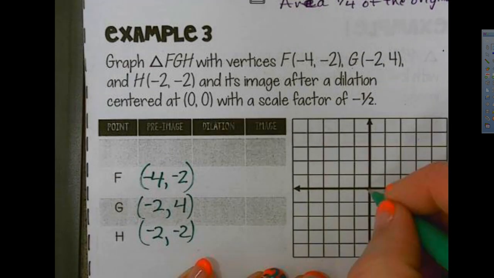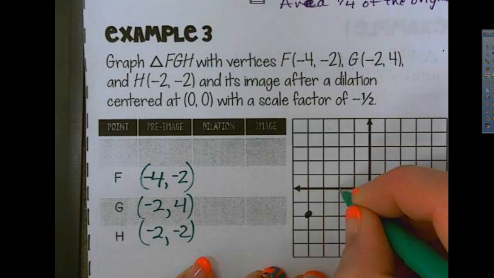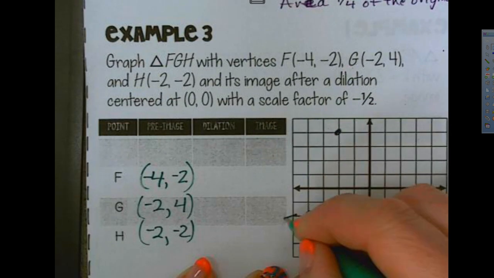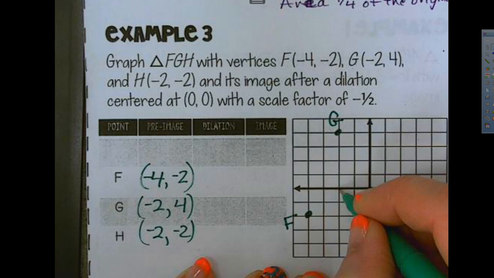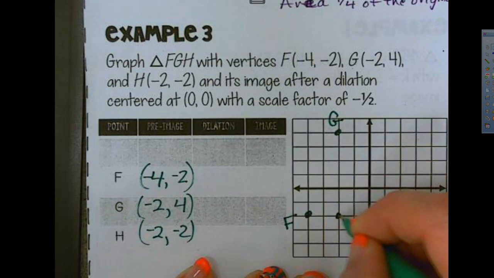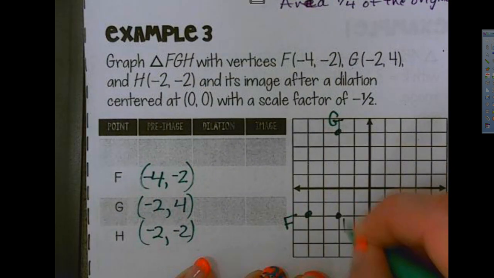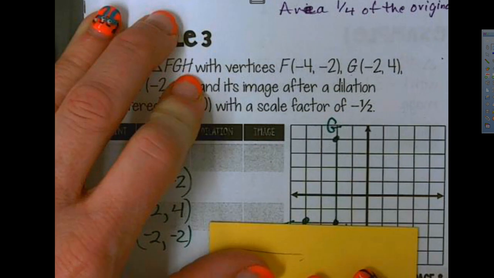This is our pre-image. 1, 2, 3, 4, down 2, to the left 2, up 4. This one's F, this one's G, -2, -2, and that is H. Okay, so I'm going to go ahead. Looks like it's a right triangle. Let's see what we're going to do with this one.